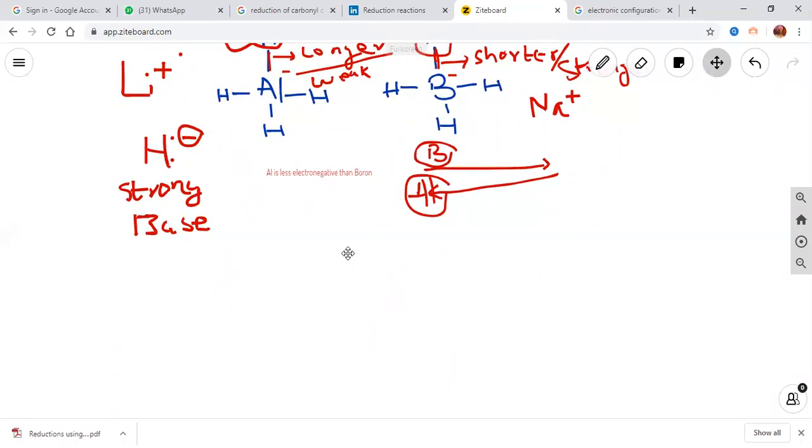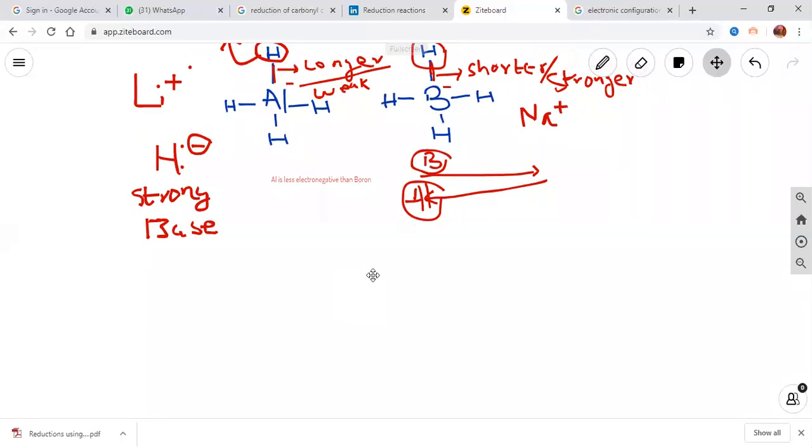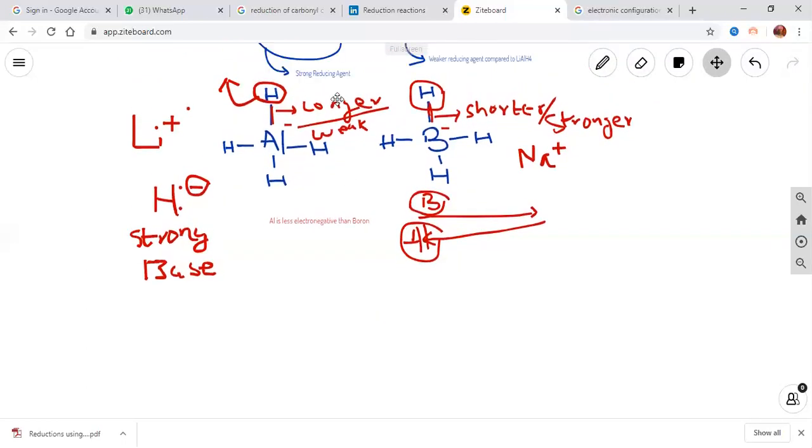Now we'll move to the first reactions, reduction of carbonyl compounds using lithium aluminum hydride.